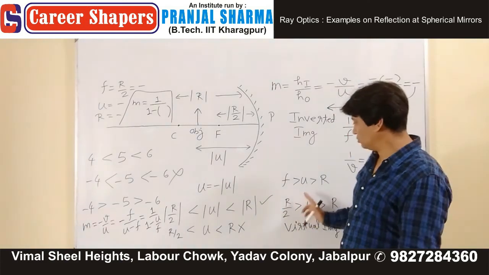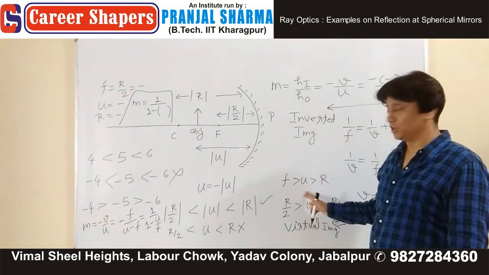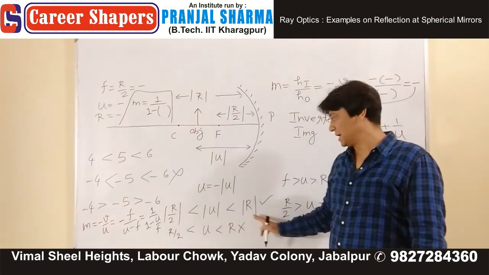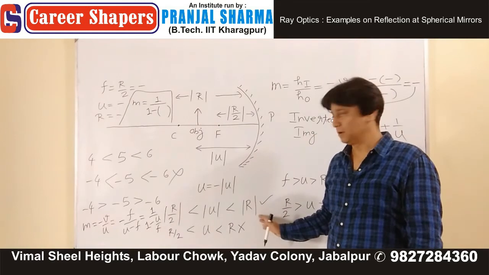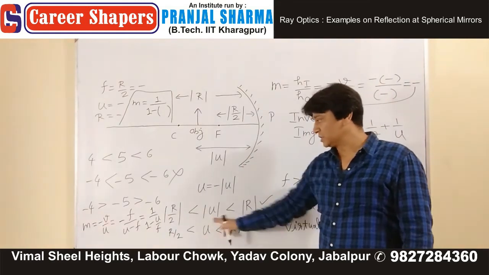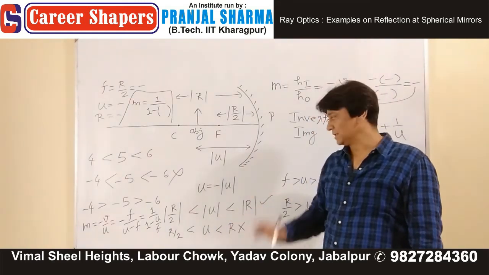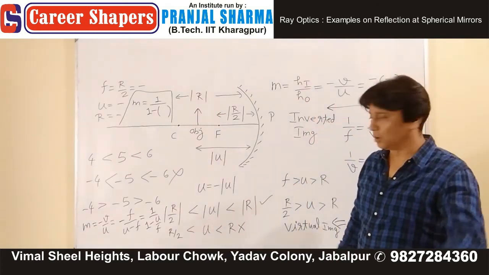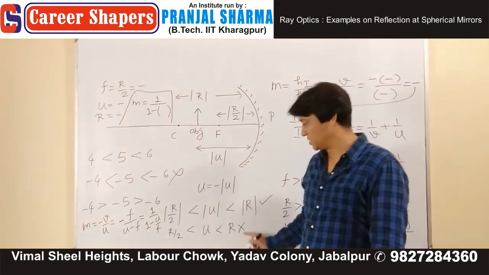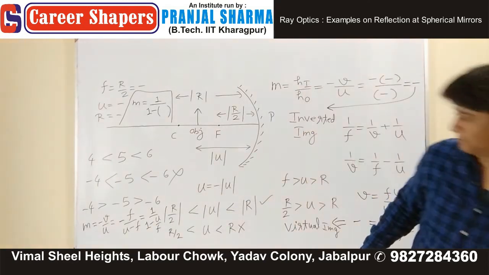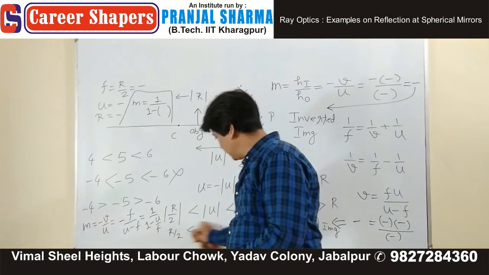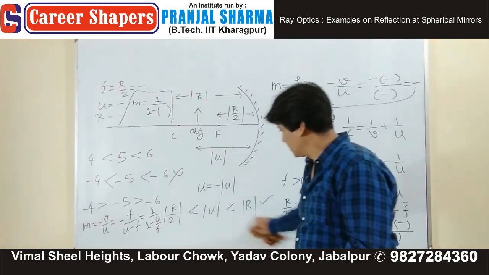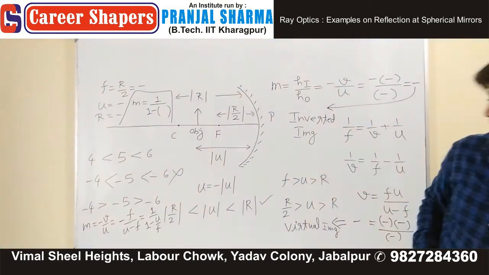Because this u has another limitation, that it is mod-wise less than the magnitude of r. Maybe you will understand this with the help of one line. Let me erase the whole thing, and you will understand it here.